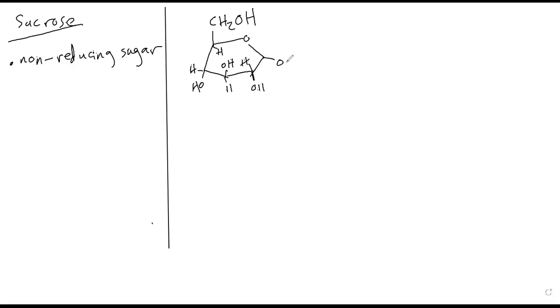Remember alpha, it points downwards. Now with sucrose, let me do this quickly on this side. If you remember, carbon number 5 has a hydrogen attached to it.